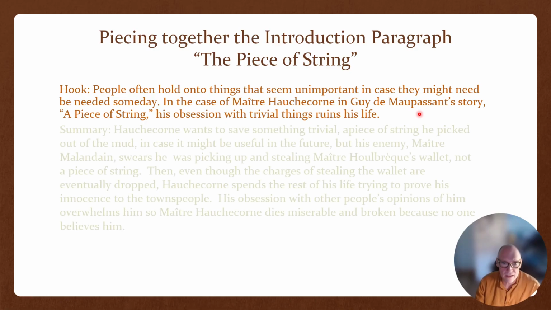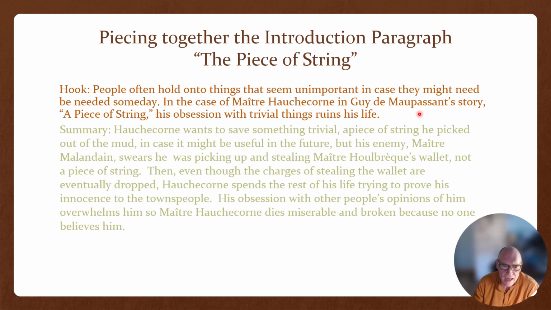And then the summary. Hochkorn wants to save something trivial, a piece of string he picked out of the mud, in case it might be useful in the future, but his enemy, Maître Malandin, swears he was picking up and stealing Maître Holbrook's wallet, not a piece of string. Then, even though the charges of stealing the wallet are eventually dropped, Hochkorn spends the rest of his life trying to prove his innocence to the townspeople.